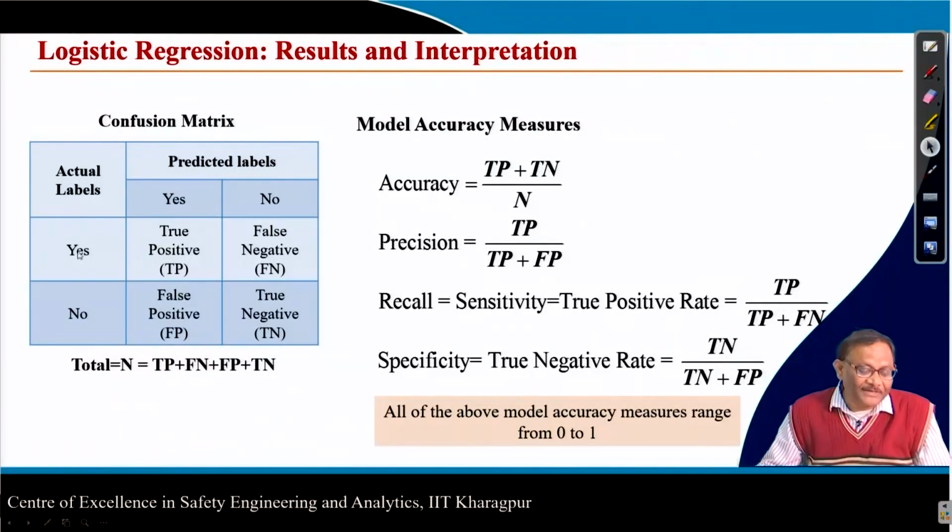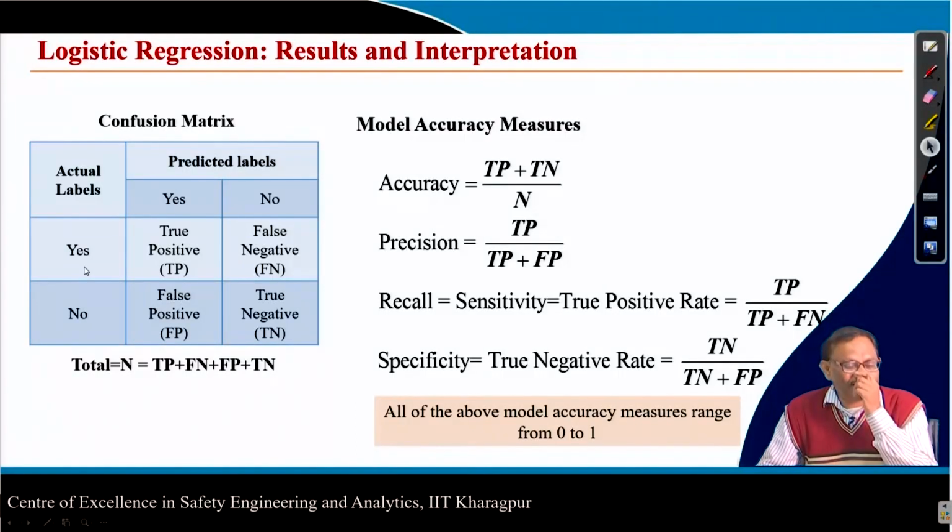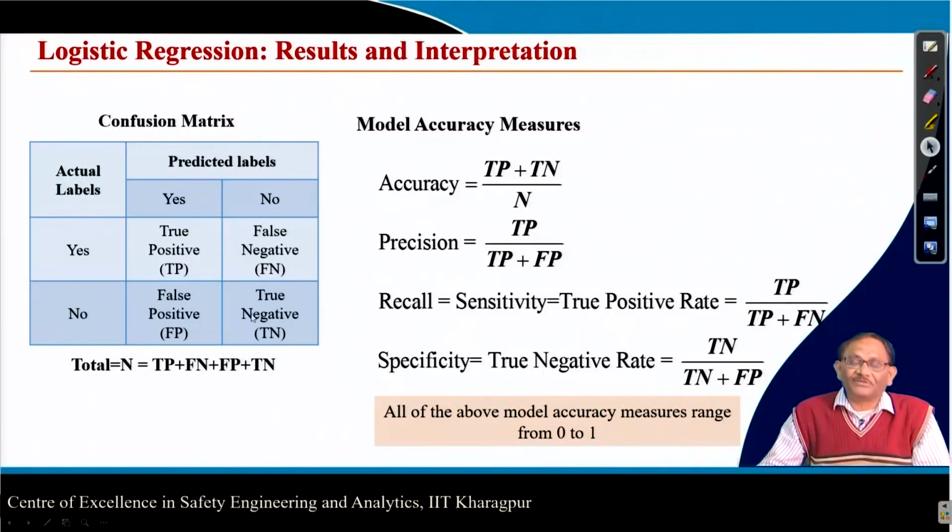As a result, for the test data set, training data set also you can do this, for the actual level, yes or no, and the predicted level, yes or no, you will find out that actual and predicted are matching for a certain number of observations, these are known as true positive, or not matching, these are known as false negative, or maybe the actual level is no but the prediction is saying yes, not matching, false positive, or both no, that is true negative.